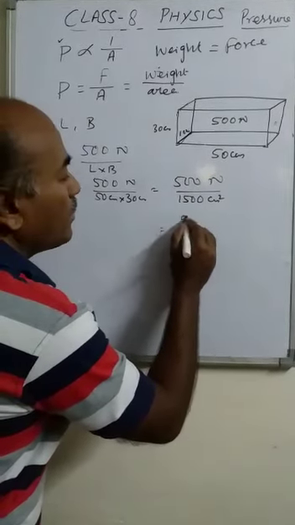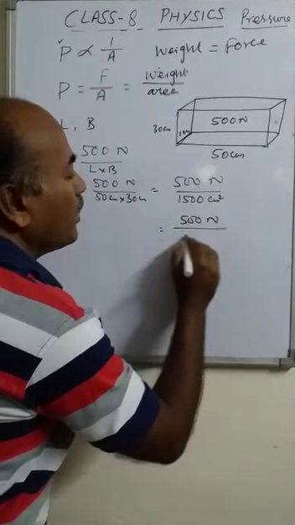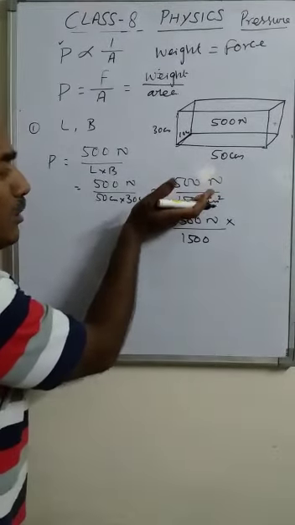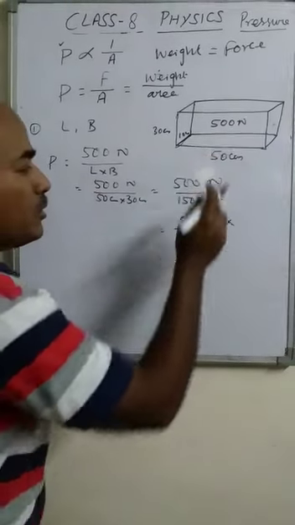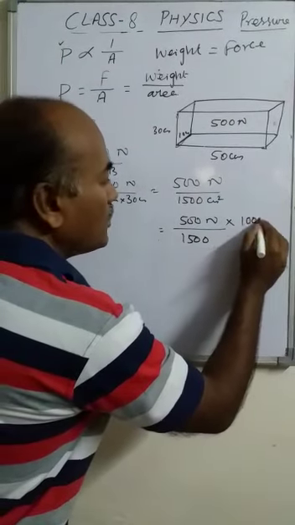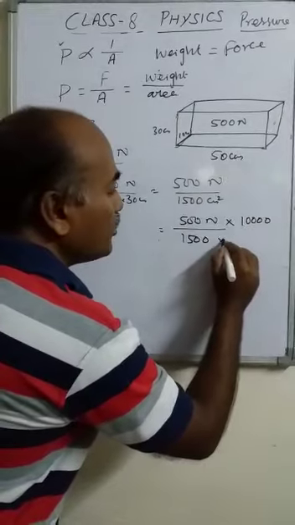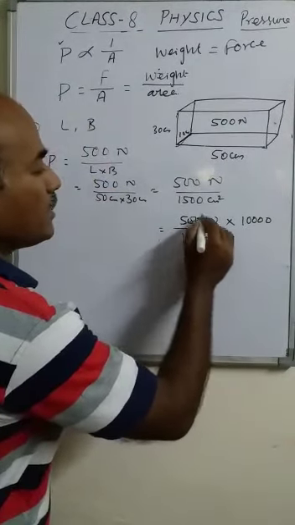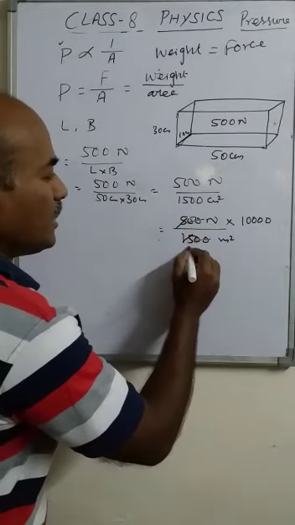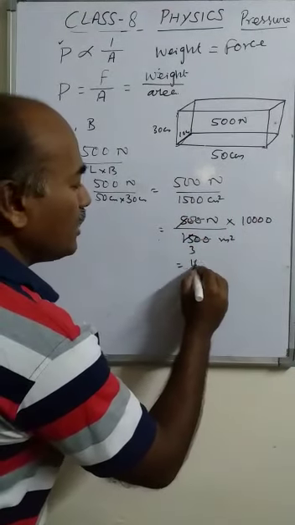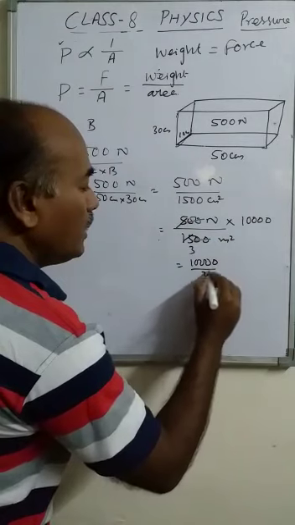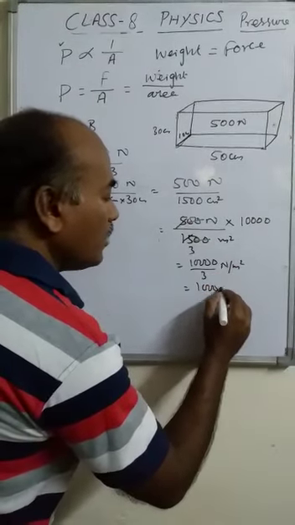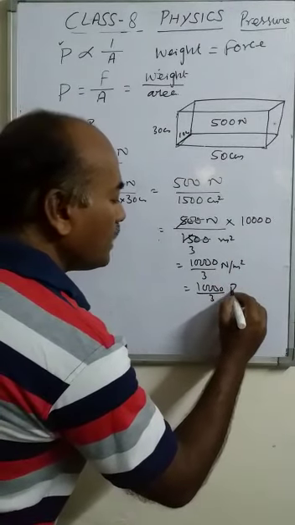So we write 500 Newton upon 1500, and the 10,000 from the denominator goes to the numerator, and it comes in meter square. Now if we cancel, it comes 3. So it is 10,000 upon 3 Newton per meter square, or you can write 10,000 upon 3 Pascal.